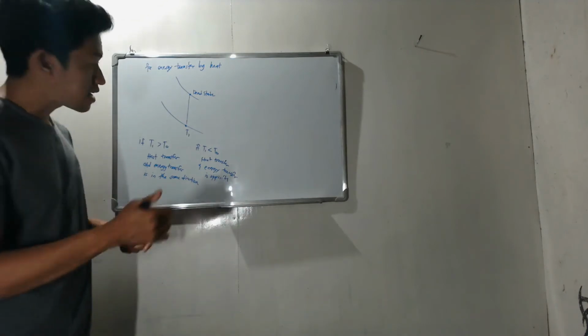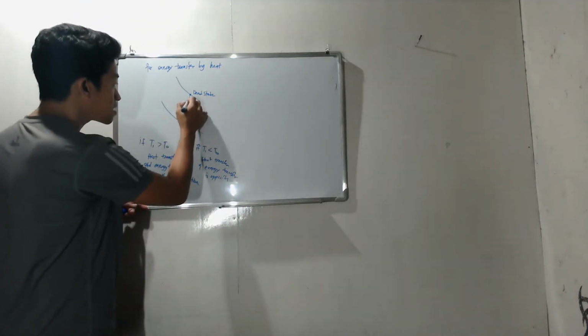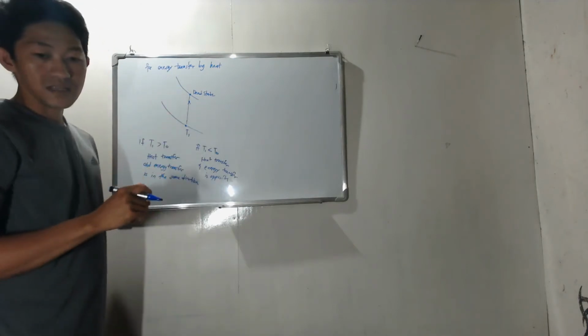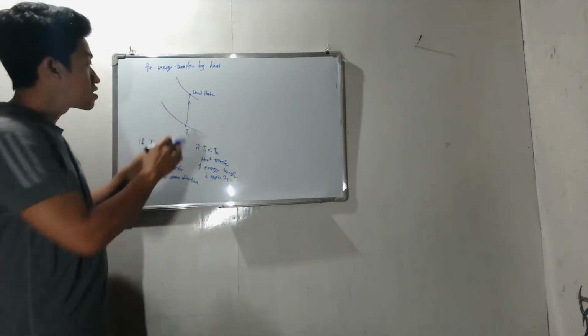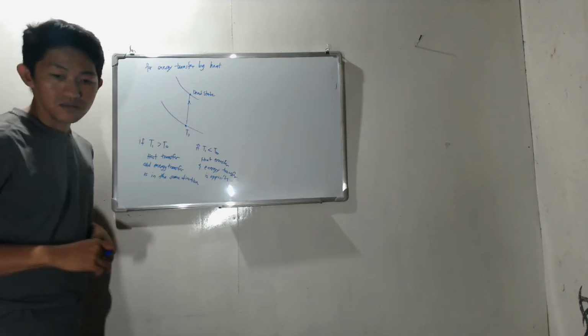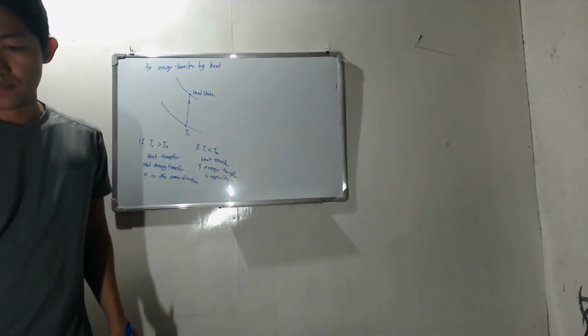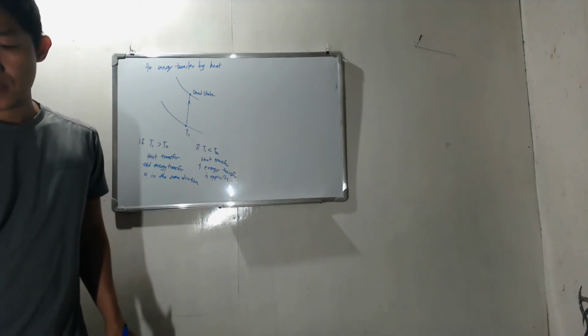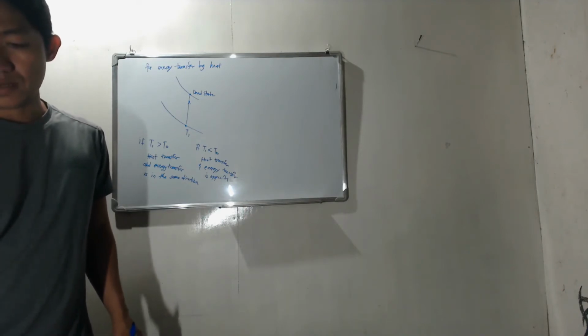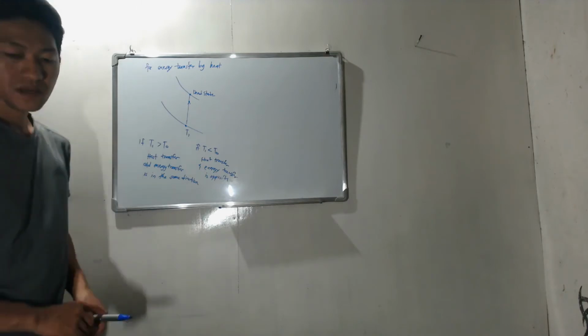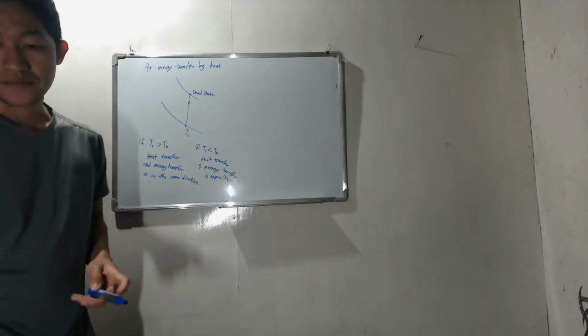Always remember that as you get closer to your dead state, the exergy is lower. If you are far, it is higher. Anyway, we will have an example to illustrate this.